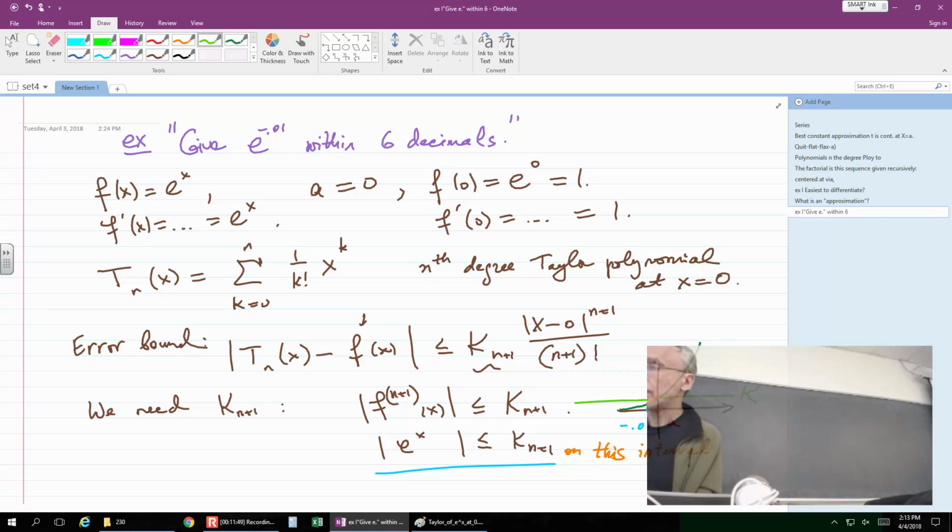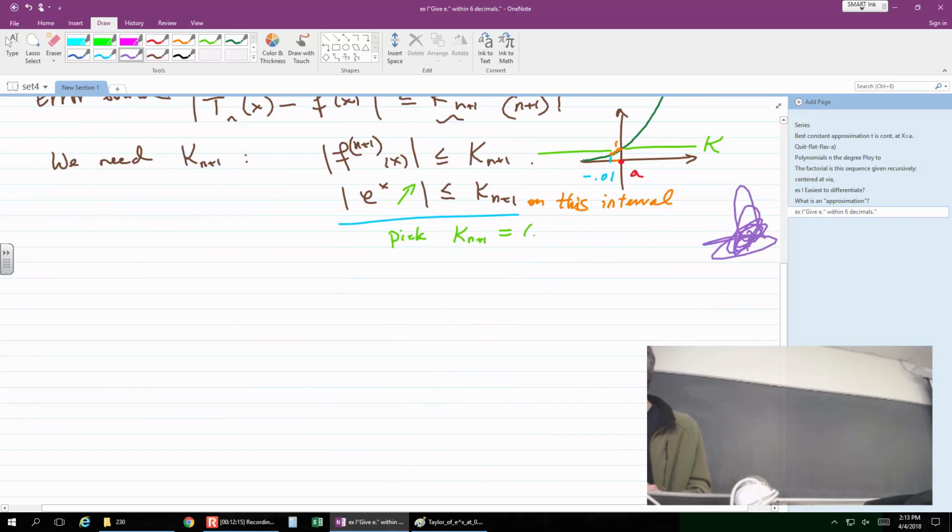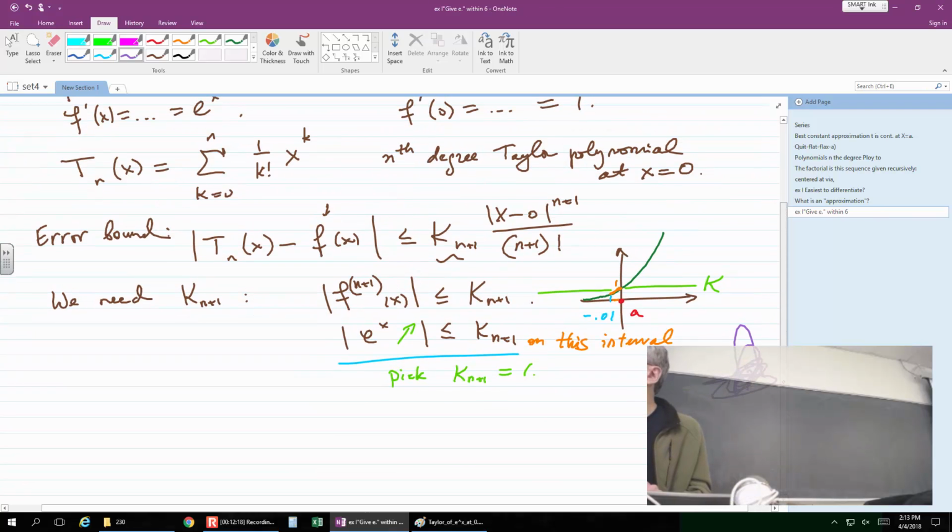So k, choosing based on this, just like yesterday, we observe that the function is increasing. So e to the x is increasing. That is why everything will not go above 1, and we pick k sub n plus 1 equal to 1. Then my error estimate this time becomes what?